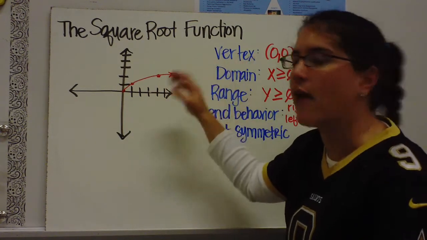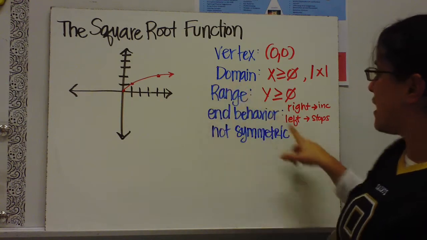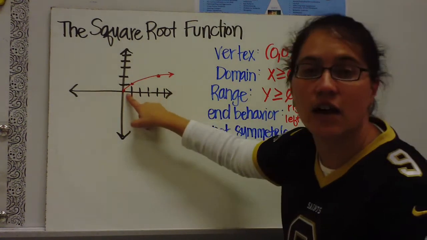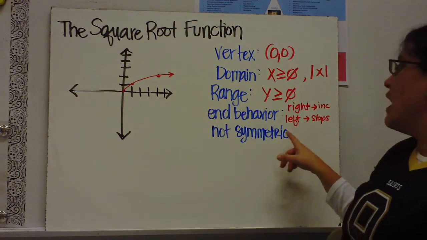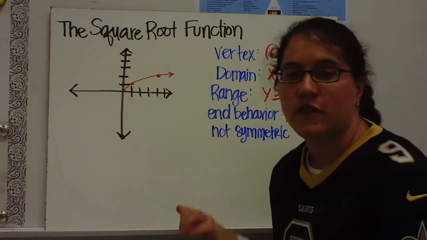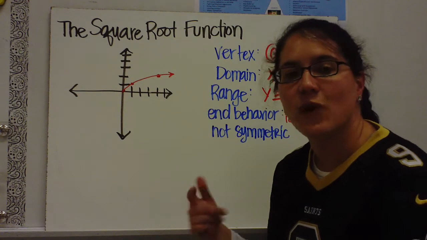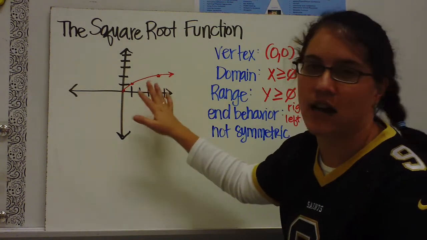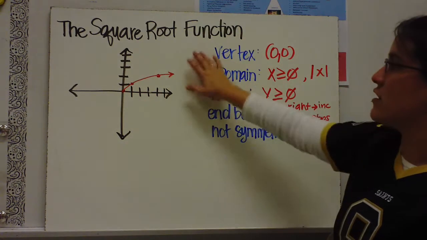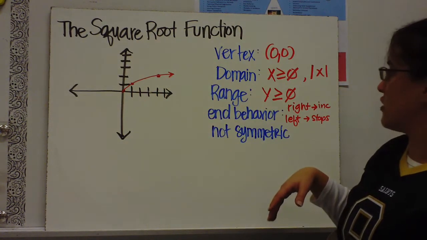It's always going to go that way, so it's increasing. As we go to the left, it stops, because we've restricted the domain. And then this function is not symmetric. X squared, the parabola, is symmetric, but the inverse is not symmetric. So that is a little bit about the square root function.